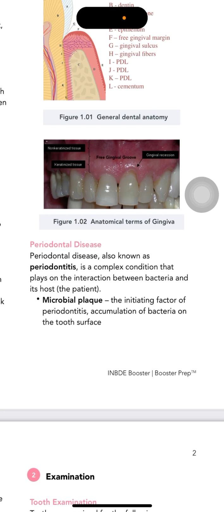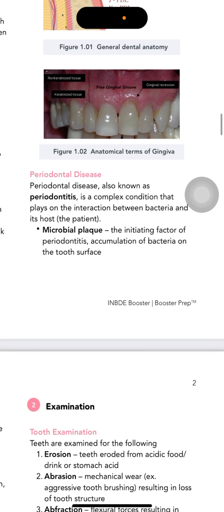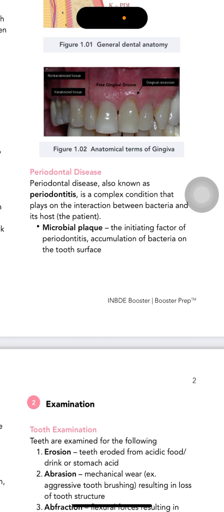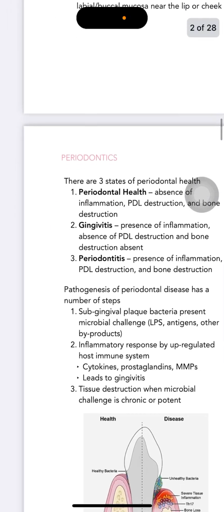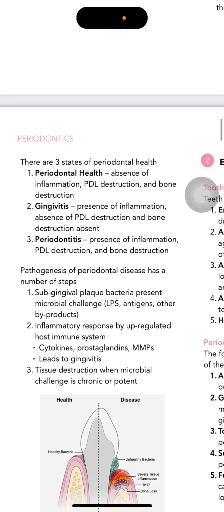Periodontal disease, also known as periodontitis, is a complex condition that plays on the interaction between bacteria and its host, the patient. Microbial plaque, the initiating factor of periodontitis, is an accumulation of bacteria on the tooth surface. There are three stages of periodontal health.